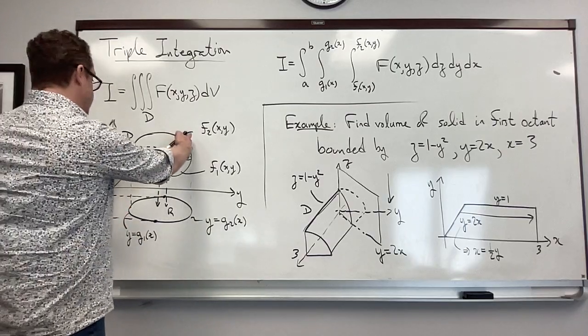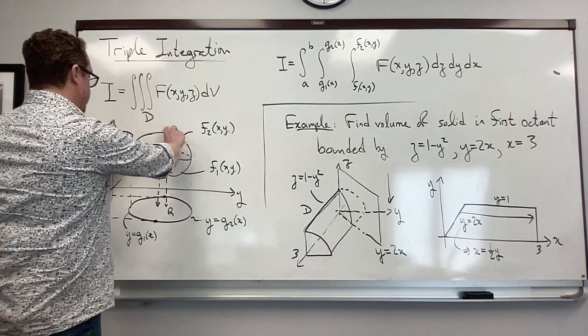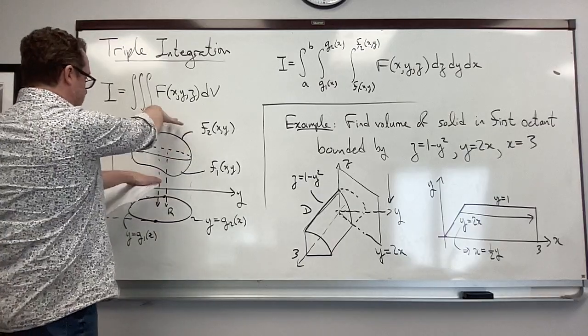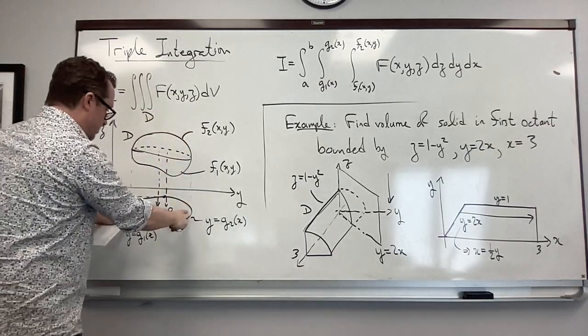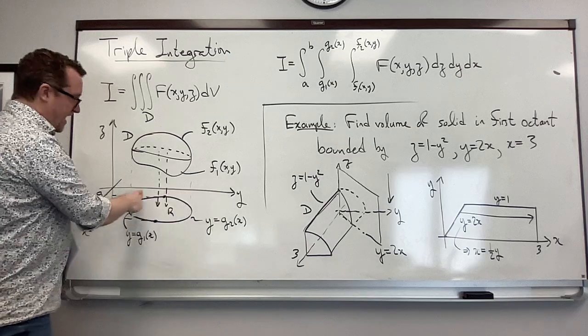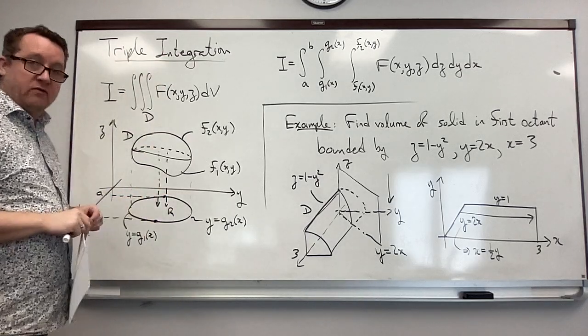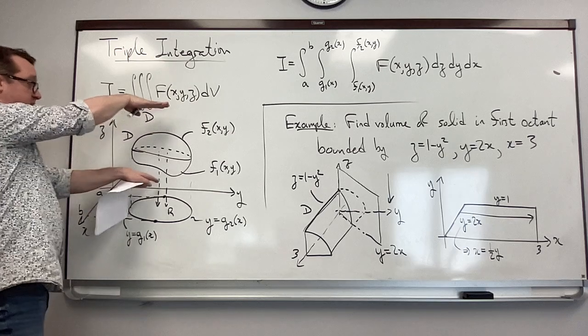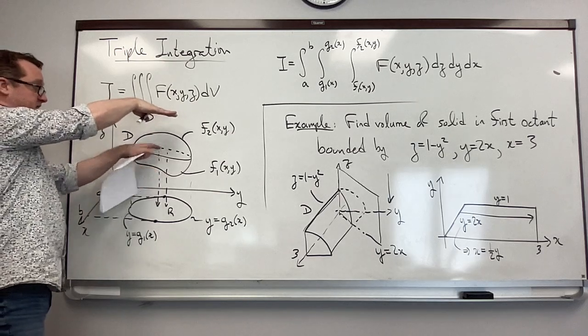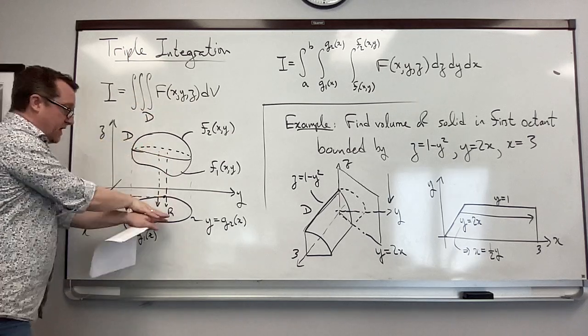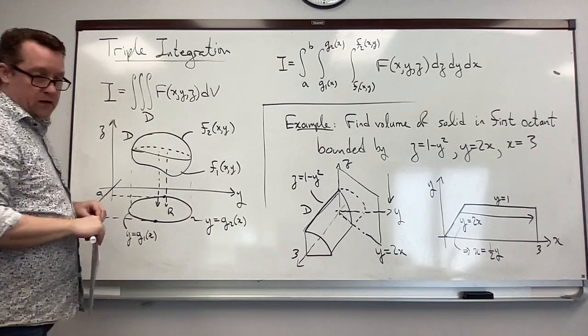When you think of this thing projecting down, we're going to integrate along z, so we compress it into a two-dimensional region. Think of it as casting a shadow. If you shine a light down, there's a region R in the xy plane that remains. Once we integrate between z bottom and z top, you squish it, and now you have just a two-dimensional region.